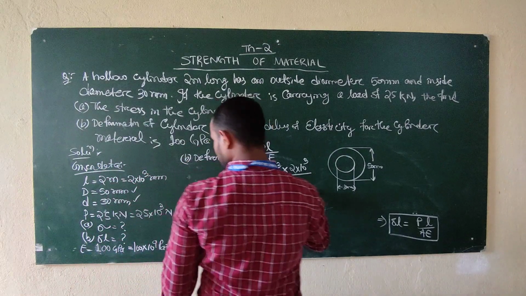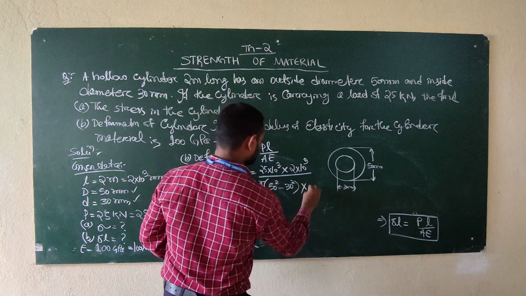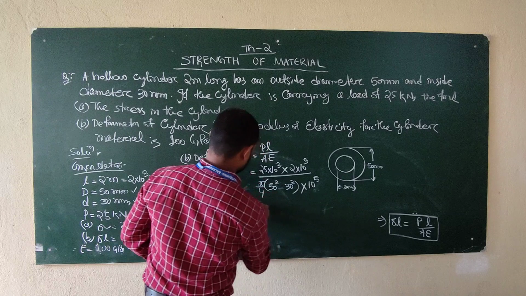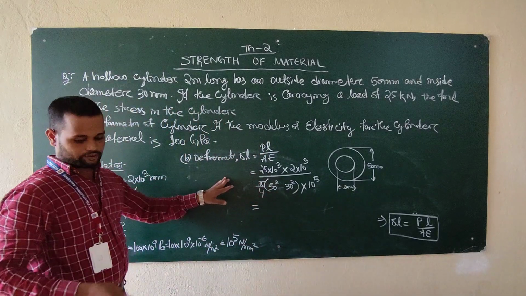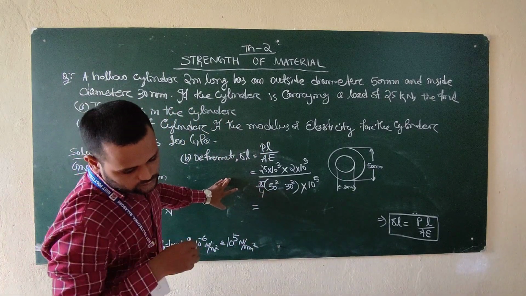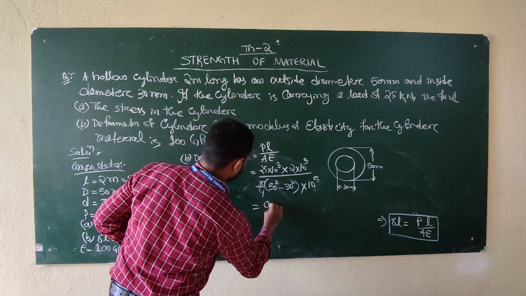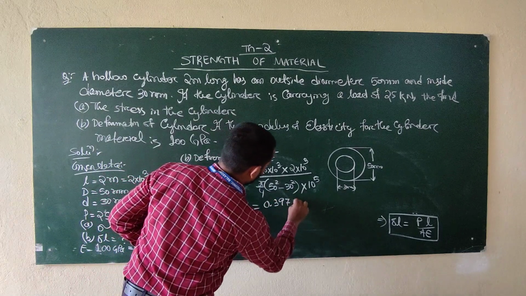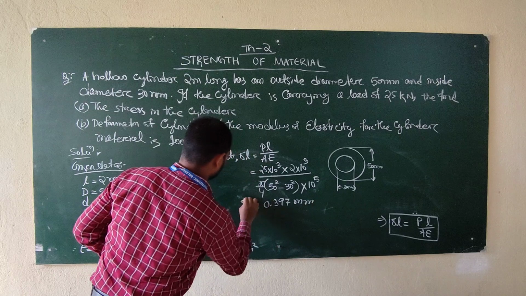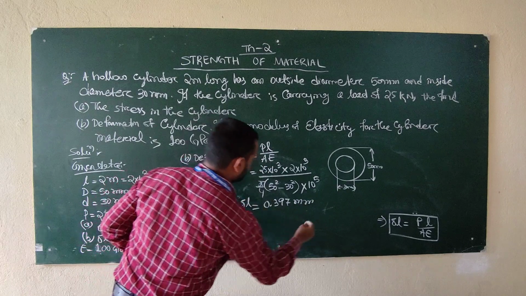So here is E, so below E is 10 to the power 5. Calculate in the calculator, then you can find 0.397 mm. This is del L or deformation.